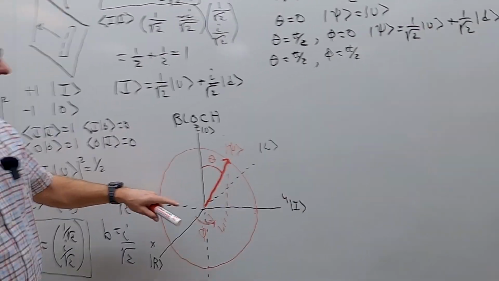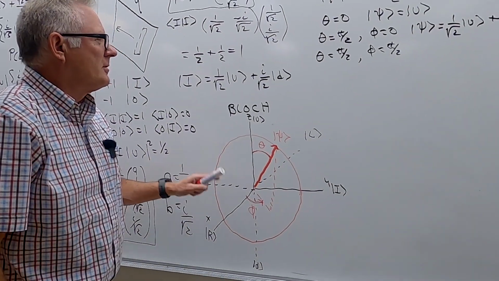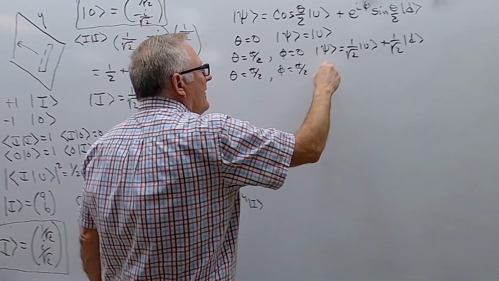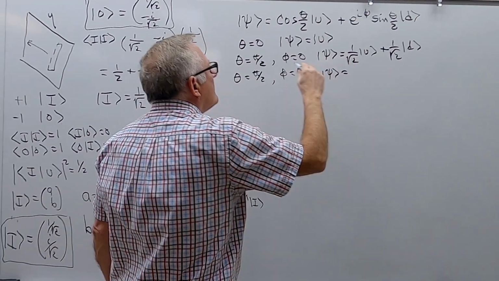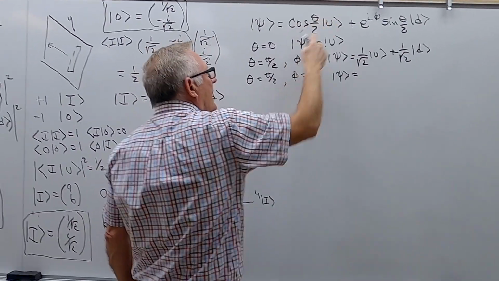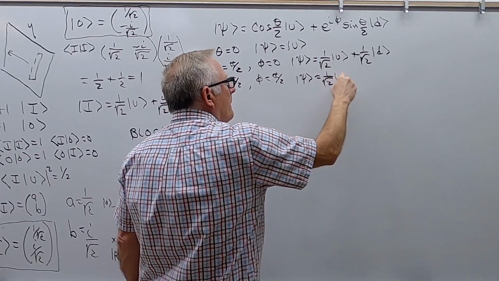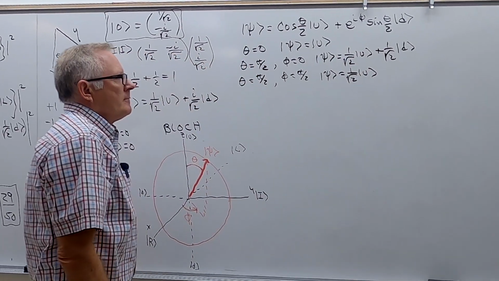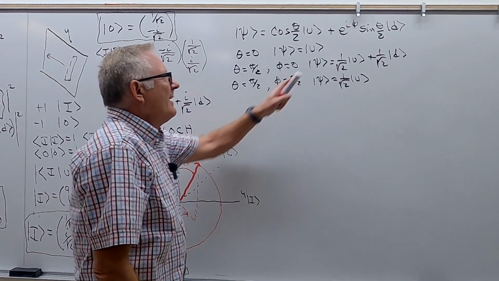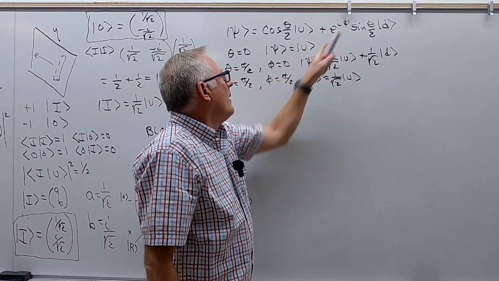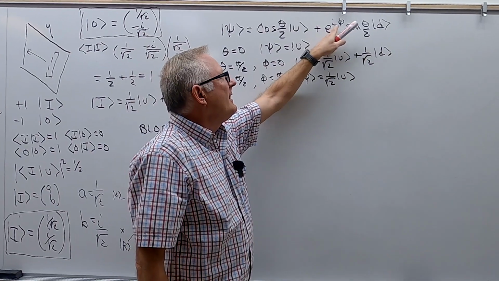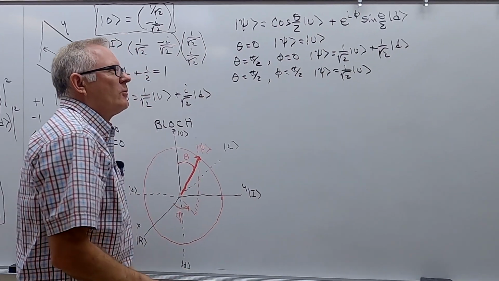Well, let me just see. If we plug in theta equals pi over 2, we get psi. You get cosine pi over 4, which is 1 over the square root of 2, up. And then we get e to the i pi over 2. E to the i pi over 2, we said, was i.